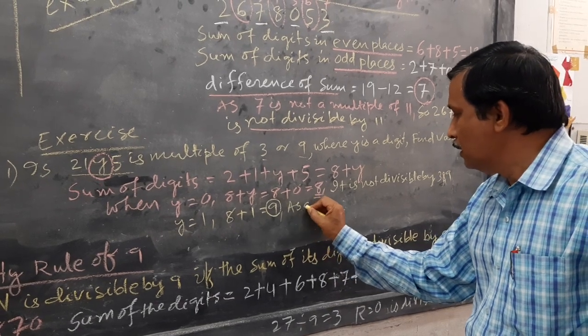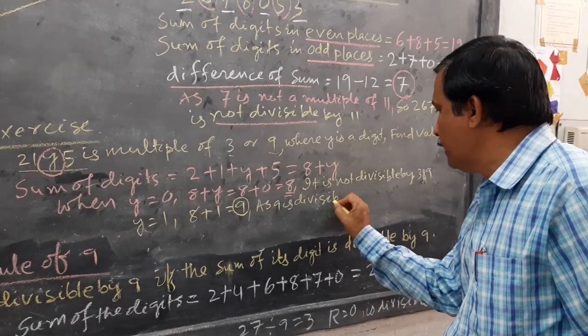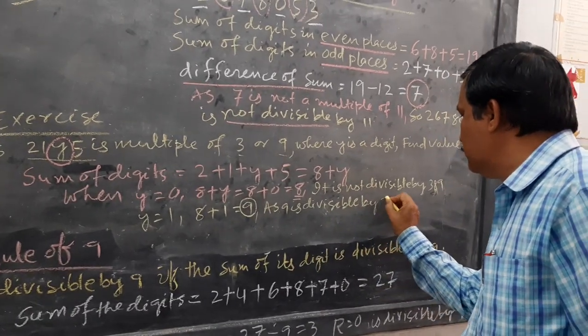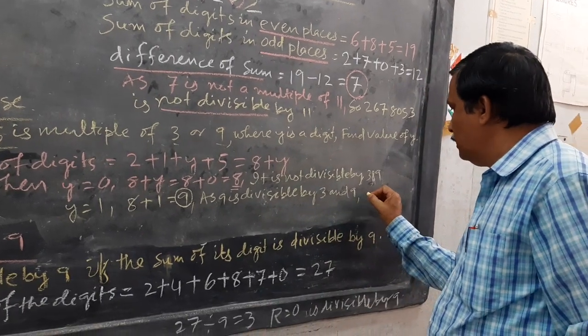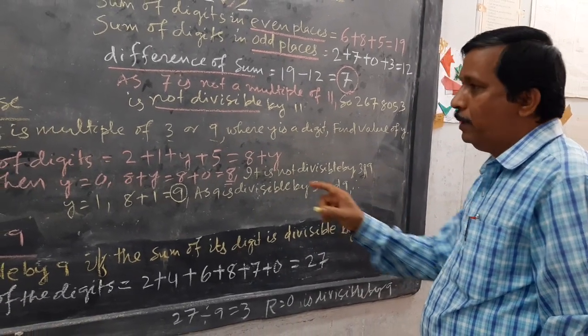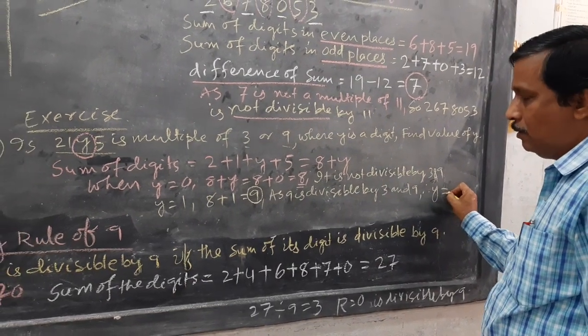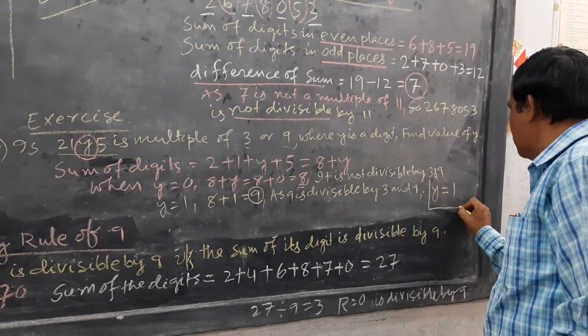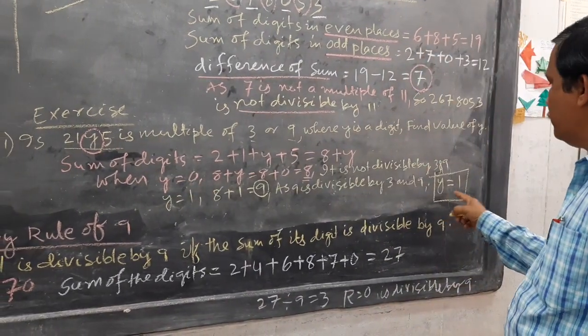As 9 is divisible by 3 and 9, therefore y is equal to 1. This is the answer, because you have to find out the value of y. So the y value is 1.